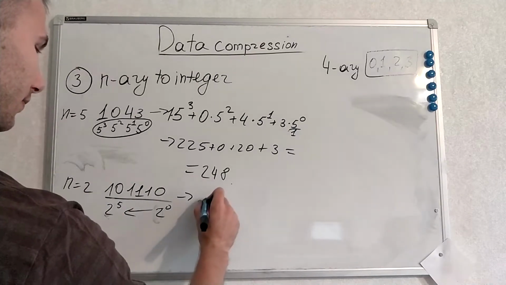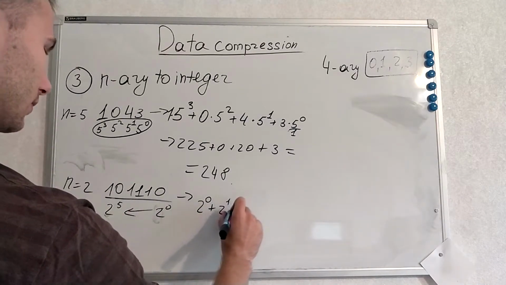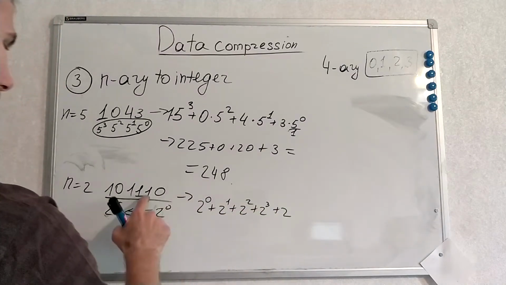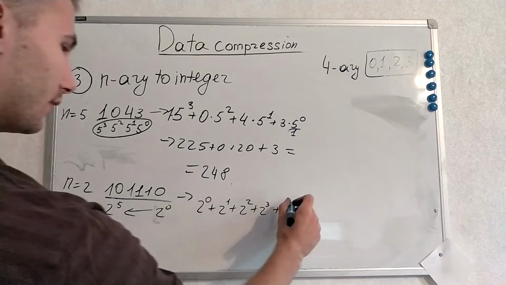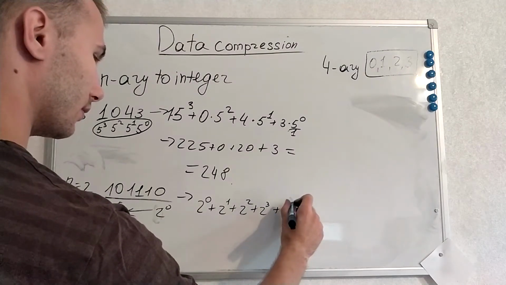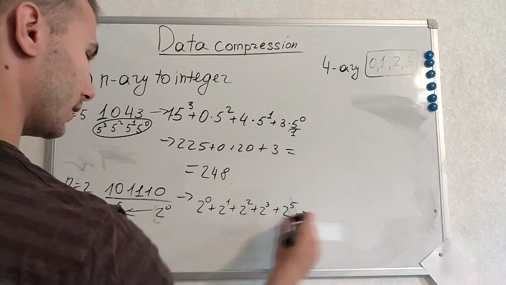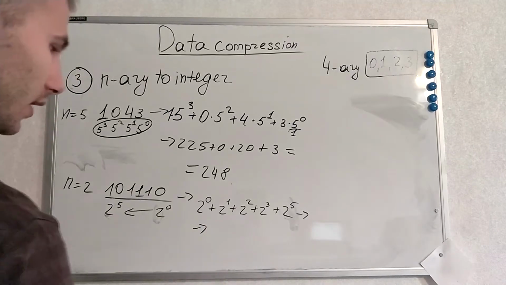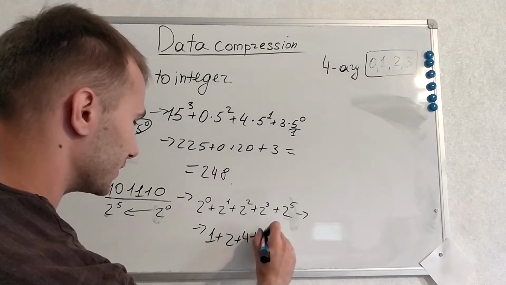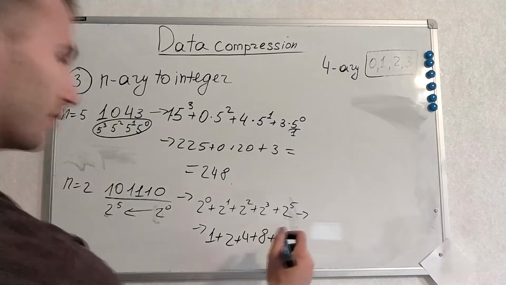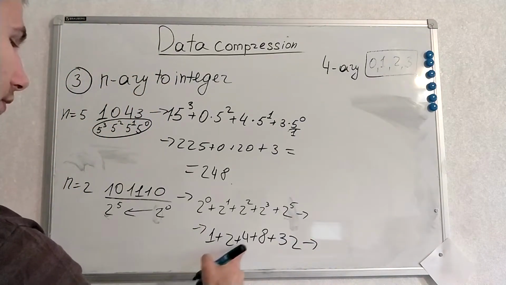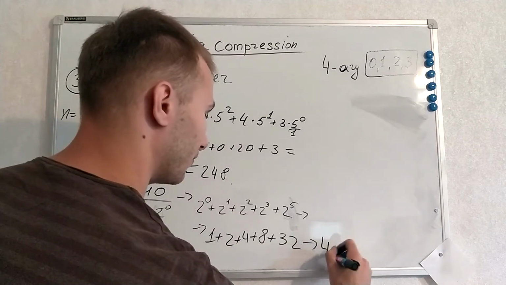It will be first, second, third, fourth. This will not take part. And it will produce some number. It will be 1 plus 2 plus 4 plus 8 plus 32, 40, 46, 47. This will be 47.